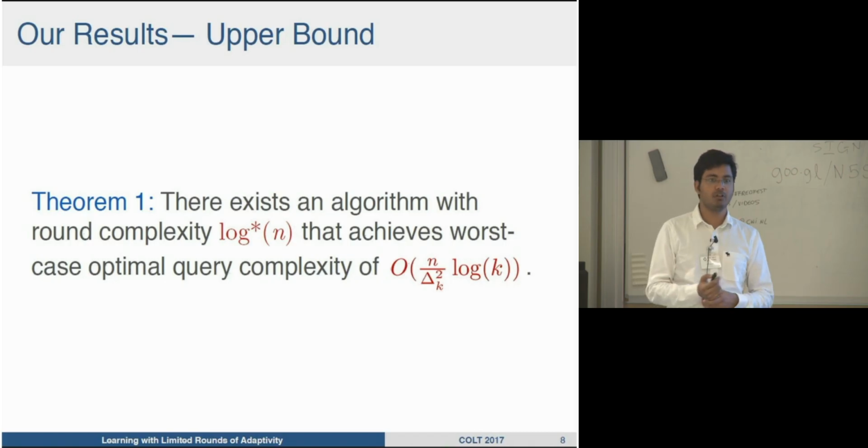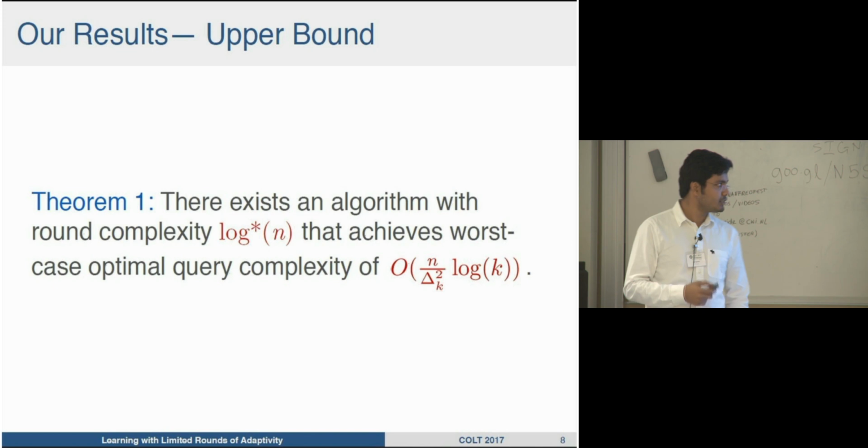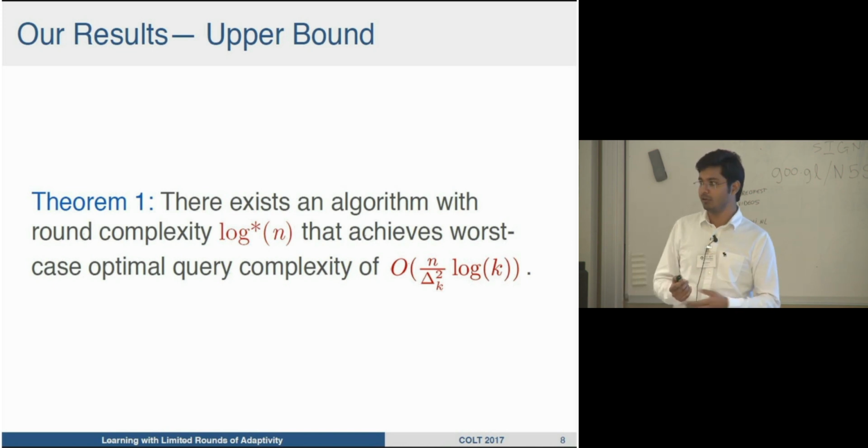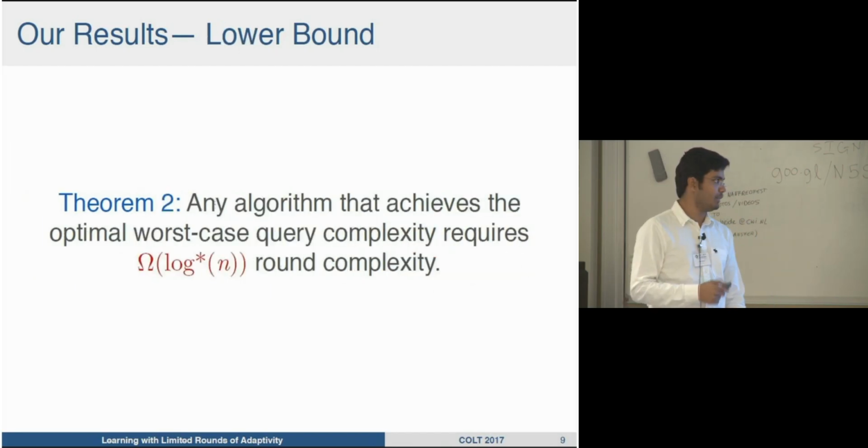And this is surprising because log star n is a very slowly growing function, and for most practical n, this is just 5 or 6. Now, we again ask the question: is log star n an artifact of our algorithm, or is it really needed? So our second result is that it is needed. Any algorithm that achieves the optimal worst case query complexity needs to have log star n round complexity.